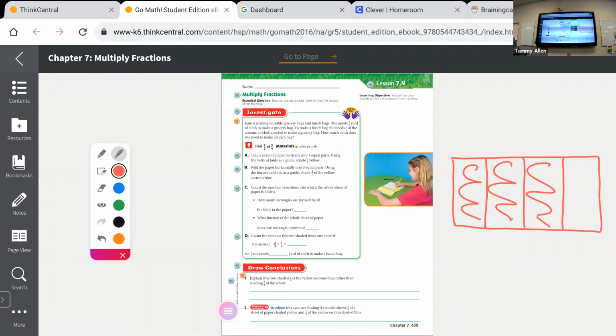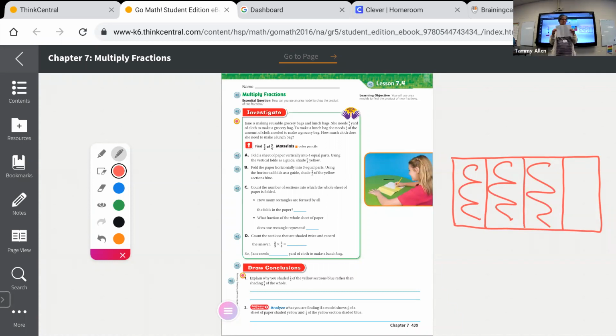Right? So we've done that on paper. Whether we have a physical piece of paper or we draw it on paper is the same. Boom, they're the same. But now I want 2/3 of what I shaded in.